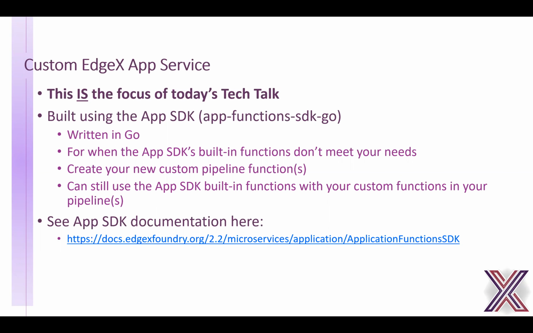You can still use built-in functions in conjunction with your custom functions, which is typical, because there's lots of functionality already in the SDK that you want to take advantage of, but you may need to do a specific transform before you do an export. So you would need to write a custom application service to use that custom transform function, but then you would use the existing export function to get your data out to wherever you want it. Lots of documentation on all the capabilities that the SDK provides here at this link.